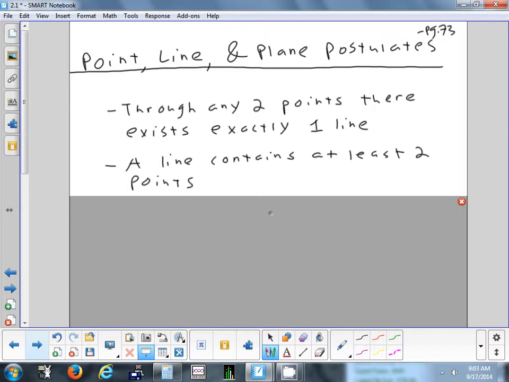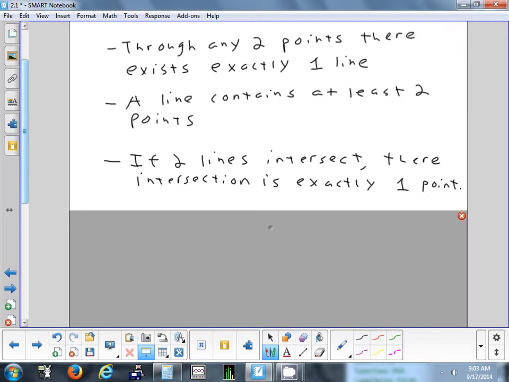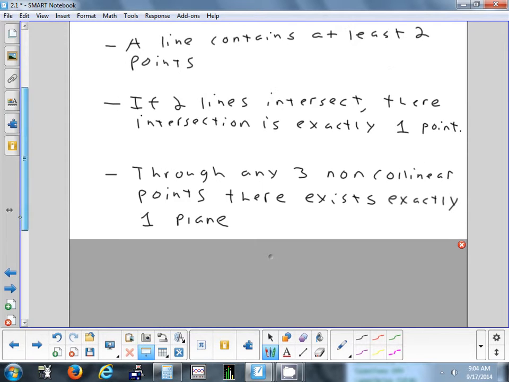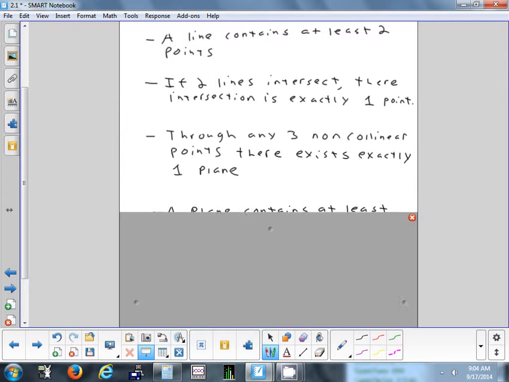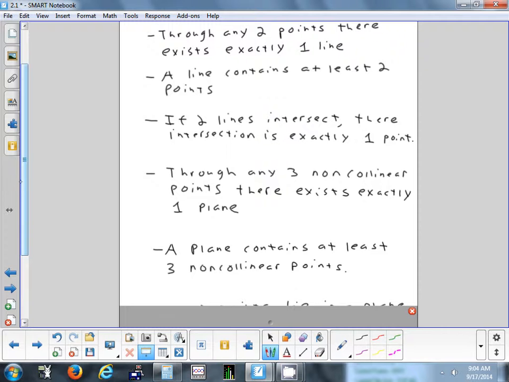If 2 lines intersect each other, then there is exactly 1 point where they cross. This one's already basically in if-then form. Almost. Through any 3 points that are not in a straight line, there exists a plane. A plane contains at least 3 non-collinear points.